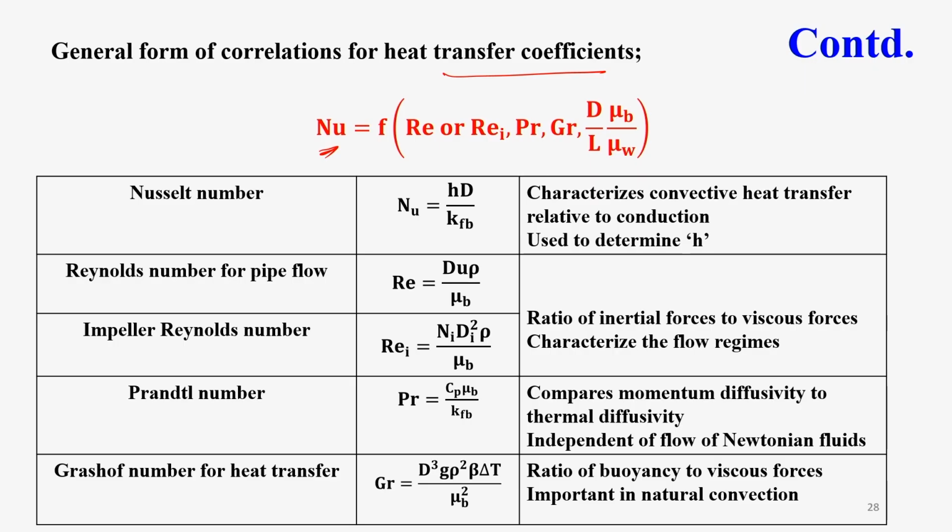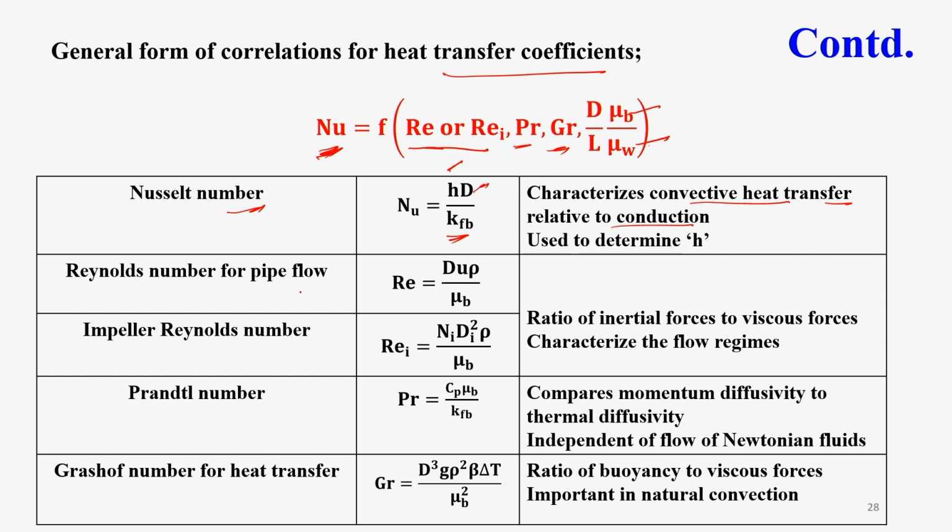Nu is the Nusselt number, which characterizes convective heat transfer relative to conduction, Nu equals hD upon k, where h is the heat transfer coefficient, D is the diameter, and k is the thermal conductivity. This is a function of Reynolds number, Prandtl number, and Grashof number. In addition, the viscosity in the bulk, mu B, and the viscosity at the wall, mu W, near the solid wall.